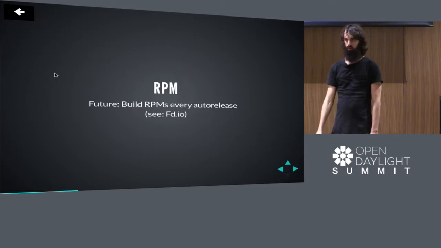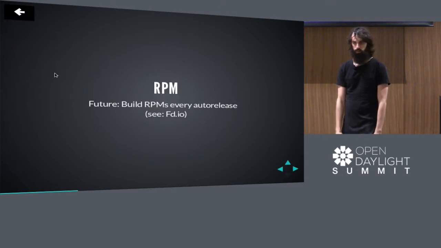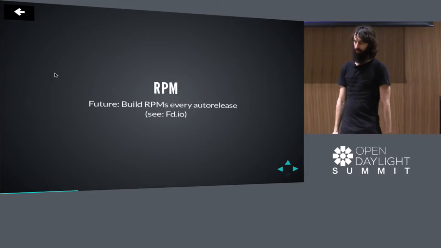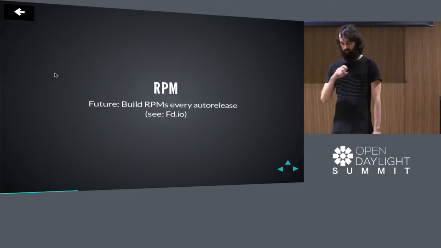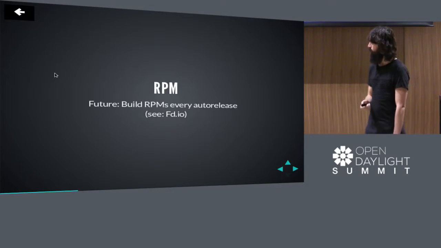I have a good relationship with Ed, and he's been showing me what they're doing in the Fido community around packaging. They have some pretty good reusable chunks of logic that I think we can just copy and get RPMs and probably debs building in our build system pretty quickly, and for every single auto release build is the objective.